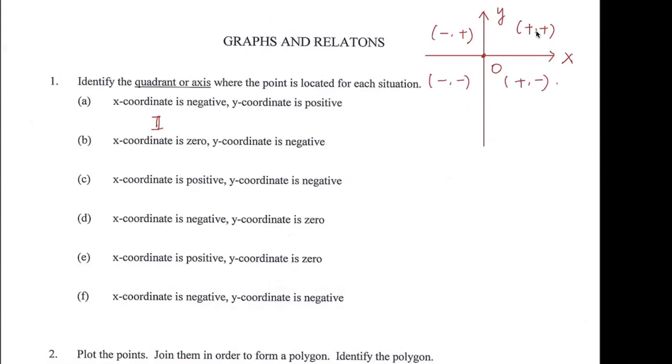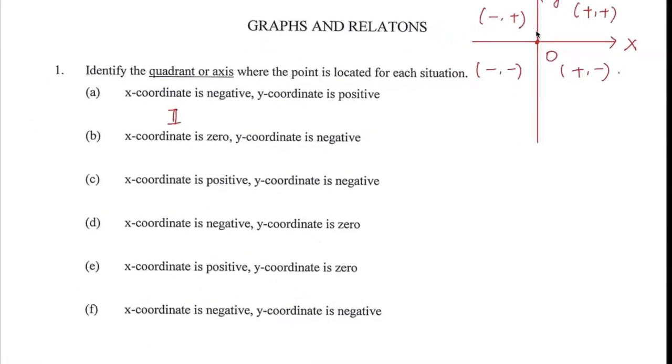For example, this is (0, 0), this is (0, 1), (0, 2), (0, 3), (0, -1), (0, -2), (0, -3). So all the points on the y-axis have an x coordinate of 0. This is what it means by the x coordinate is 0. So this first part is telling us we're looking at the y-axis.